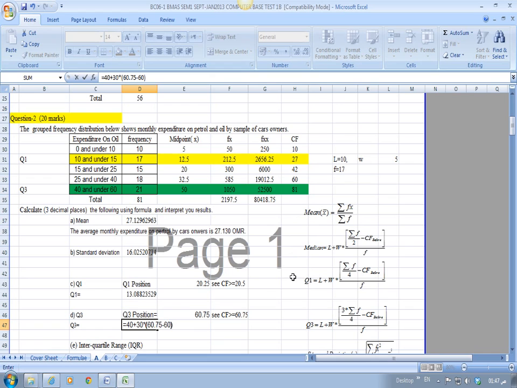Close the bracket, divide by F, the frequency of this location, which is 21, then close the bracket and press enter. Now here is Q3.